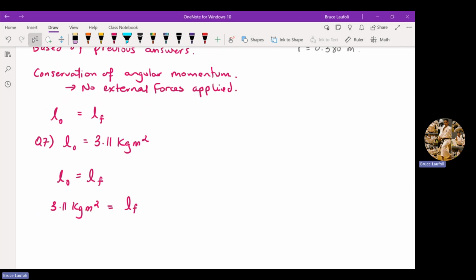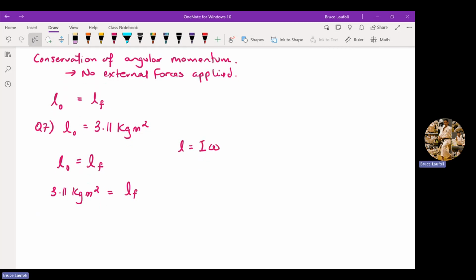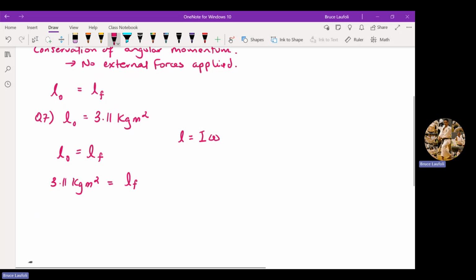Now remember that L is equal to I times omega, or W. This is the rotational inertia, and this is the angular velocity, but correct me if I'm wrong.